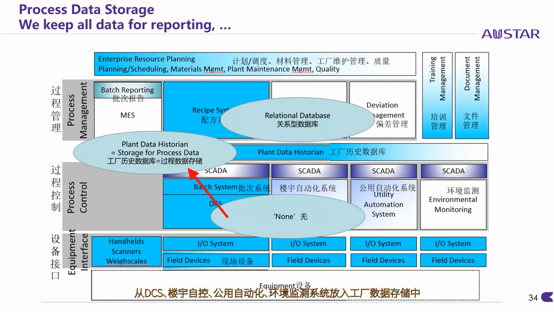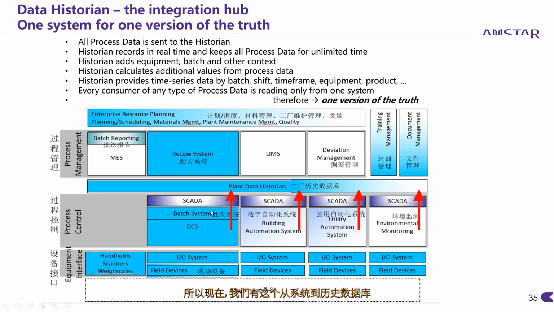So all these systems in the lower part, their data are also available, as are all MES data, which are typically stored in a relational database. Now we have these data coming from these systems to the historian. When the data come, they're just numbers, but it is really more a process. So we send all data here to the historian, it records in real time, and it keeps process data for unlimited time.